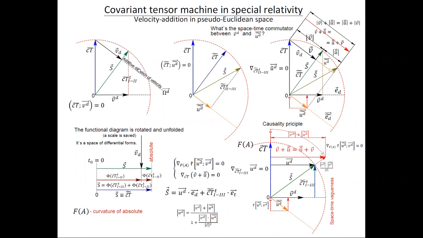In the theory of CTM, covariance of a basis vector means the direction is kept independent of changing the invariant. In this case, even if I change the modulus of actual velocity Vd, the direction of the basis vector is a constant.